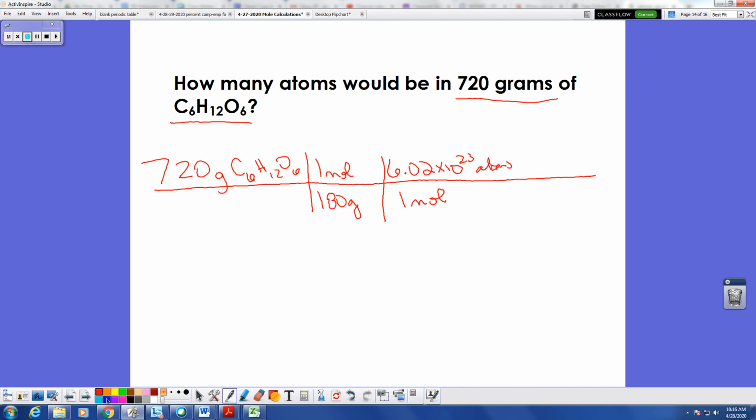Okay, so then if we go through and we look at our units, grams cancels, moles cancels, so we're left with the units we want, which is atoms. So when you get multiple things in your dimensional analysis table, you just multiply everything on the top and divide by everything on the bottom. I don't already have this worked and I apologize.